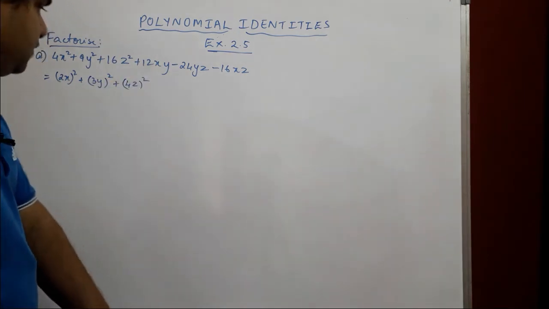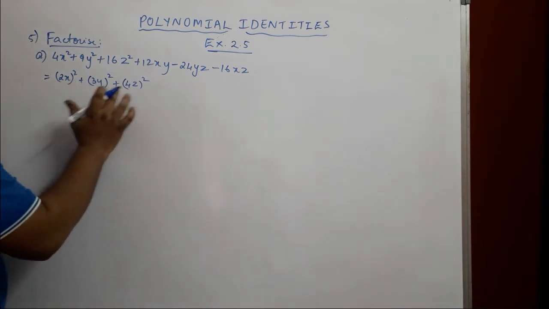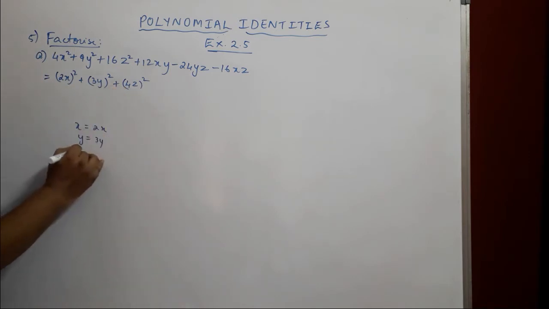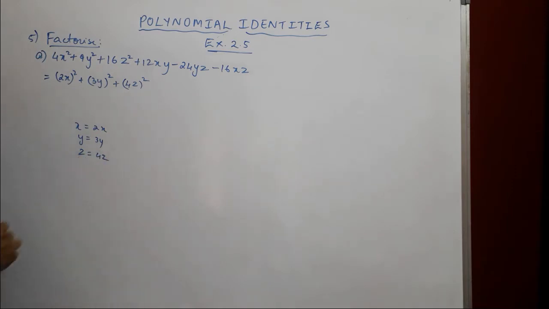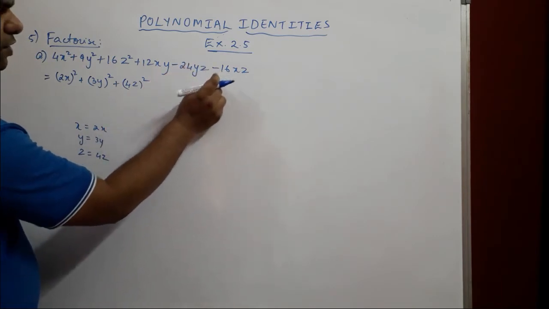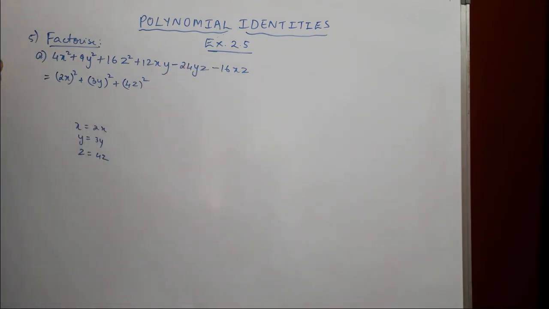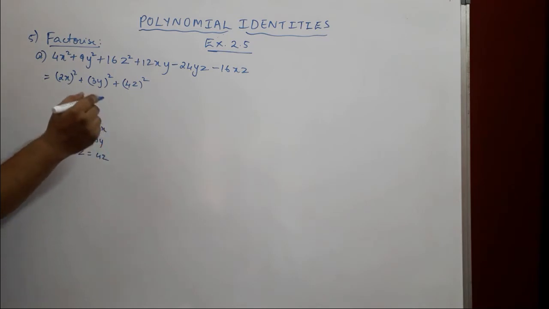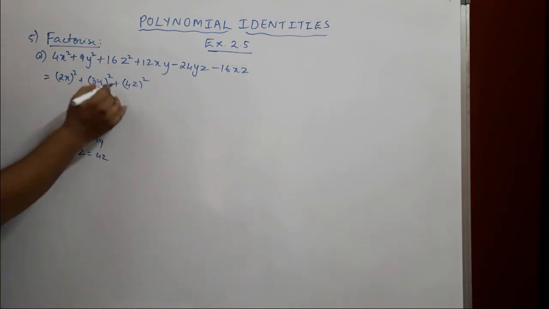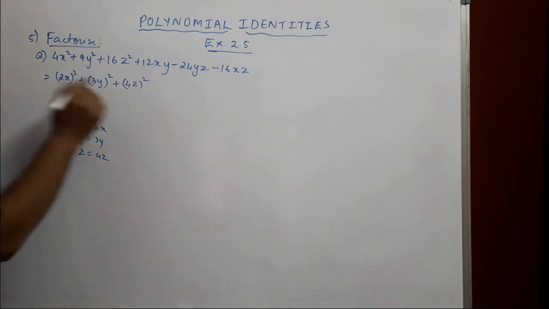Now if we take this as x, y and z, over here x is nothing but 2x and y is 3y and z is 4z. Okay, now the only thing over here is there are negative signs, which means that one or maybe two of these variables in this case are negative. Okay, we'll have a look at what it is.